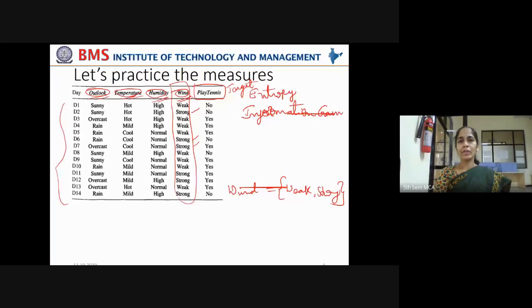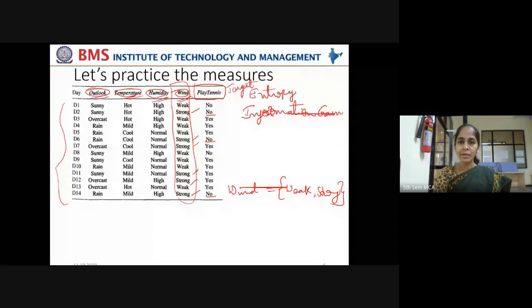Total 6 training examples are having wind value as strong. Out of them, how many are having no label? 1, 2, and 3. How many of them are having yes label? 1, 2, and 3. Right? That is how you need to count.